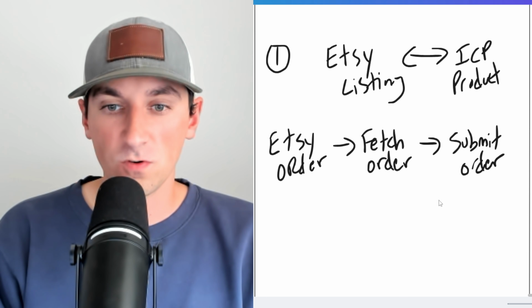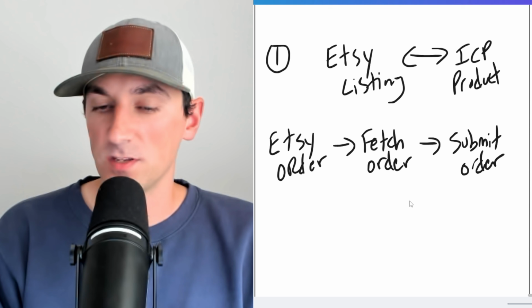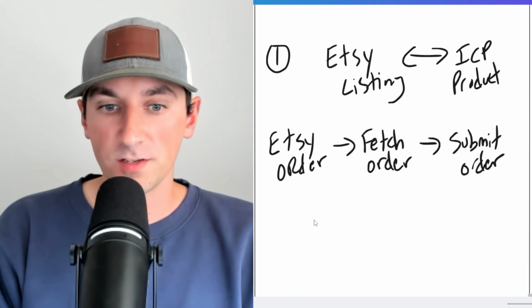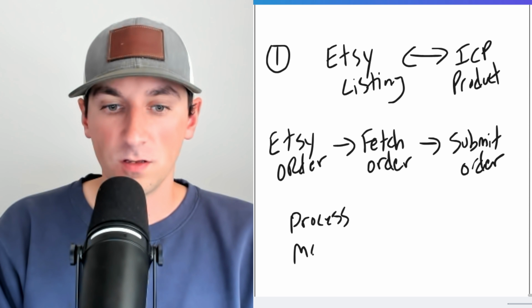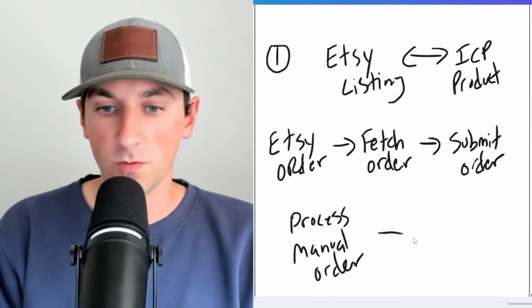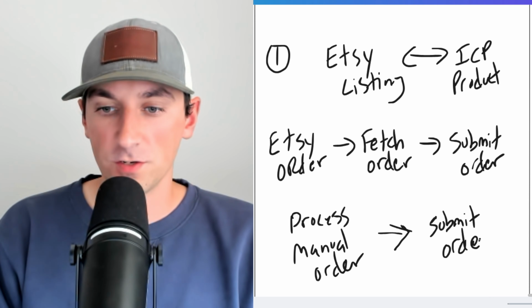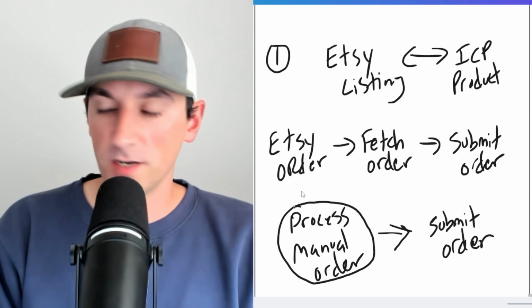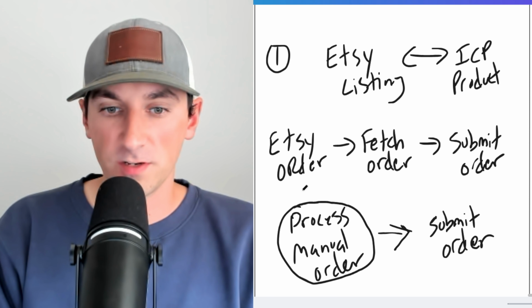When we have a manual order, we're going to bypass some of these steps. The manual order is we're essentially just going to process the manual order, and then we're just going to submit the order. I'm going to show you exactly how to do this later in this video in the step-by-step tutorial part.